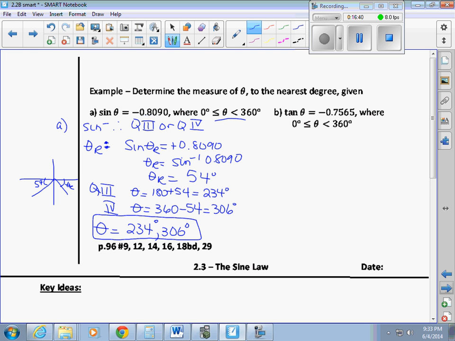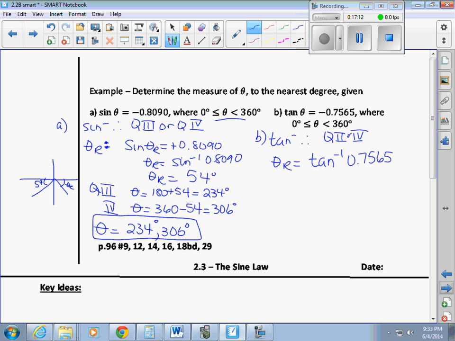Tangent. So again, you look at this and you figure out, okay, what quadrants could we be talking about? Tangent is negative. So therefore, we're looking at tangent being negative in quadrant 2 or 4. Then we find our reference angle by doing tangent inverse of 0.7565.